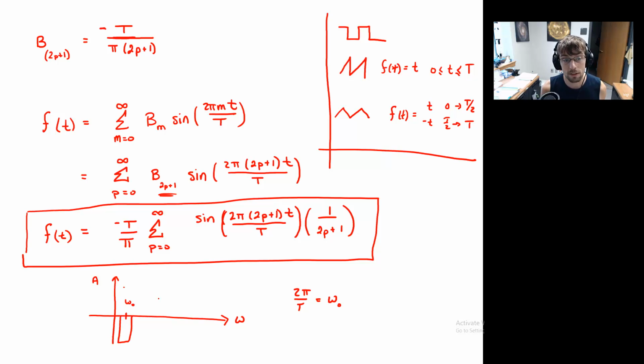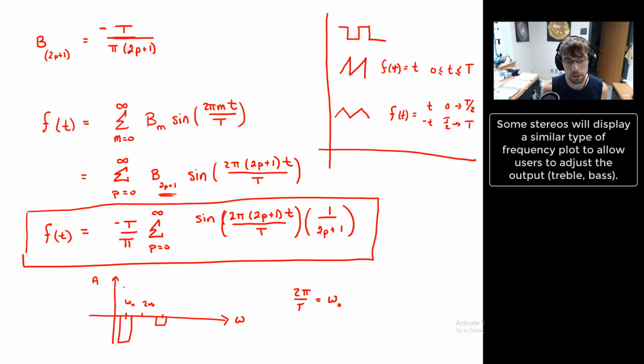And then my next one, I have some frequency at 2 omega naught. Well, 2 is even, and so I have nothing. Then I have 3 omega naught, which is smaller still. In fact, you get an idea. It's 1/3 the size of the first one. 4 omega naught, 0. 5 omega naught will be 1/5 the size of this first bar, height-wise.